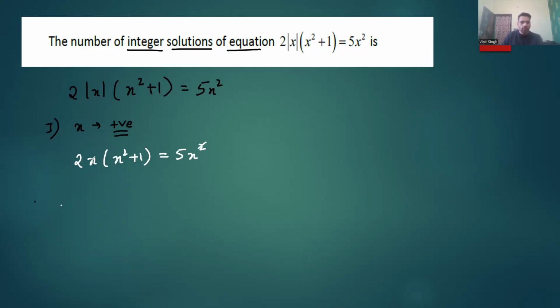So the x cancels out. Now in case x is equal to 0, this is the first solution. Otherwise 2(x square plus 1) is equal to 5x. Here you will get the quadratic equation 2x square minus 5x plus 2 is equal to 0.